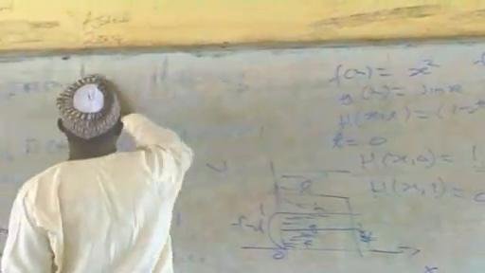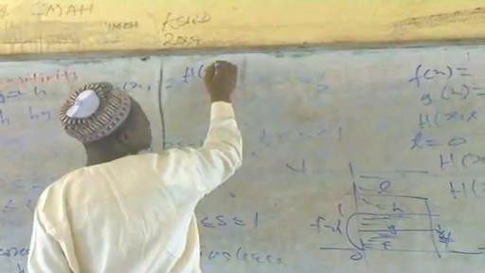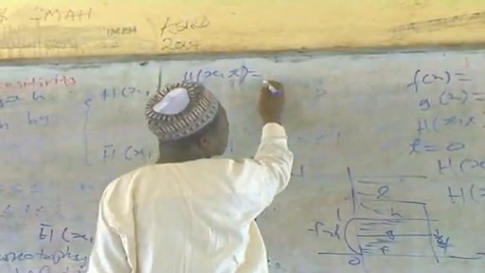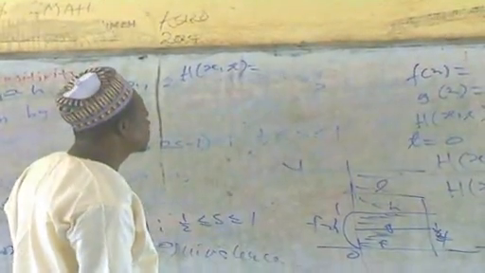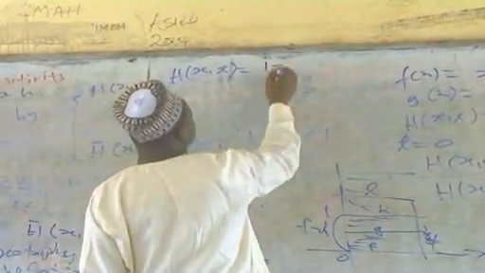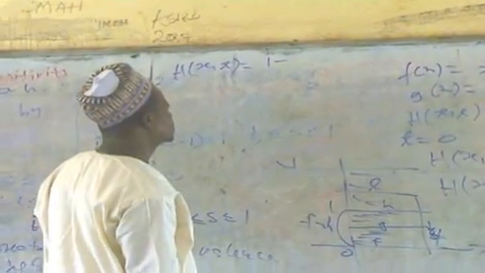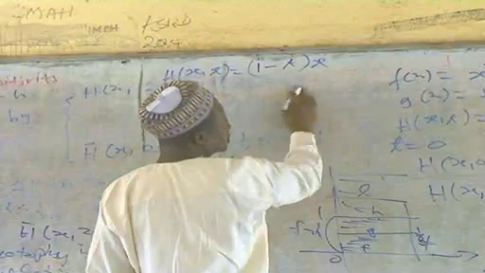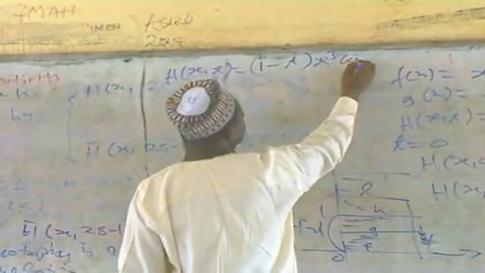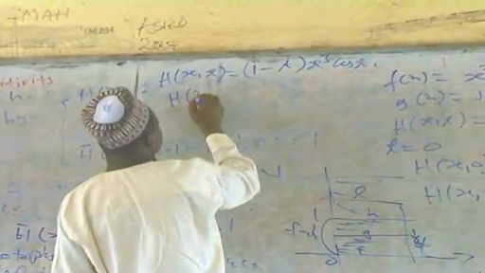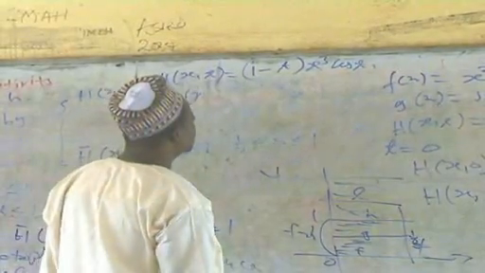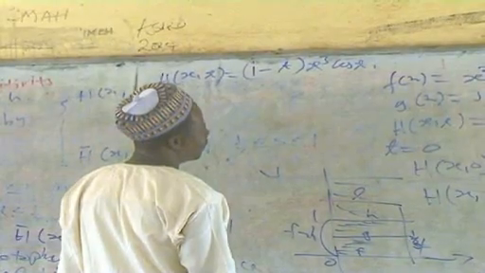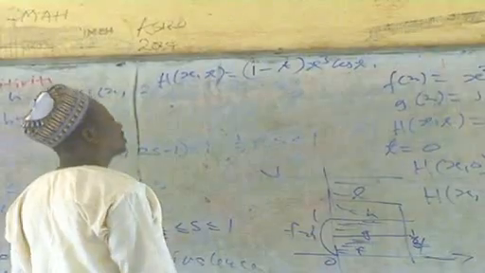You can define h of x, t equal to maybe (1 minus t) times x cubed plus t times g of x. Okay, well, I made a mistake.